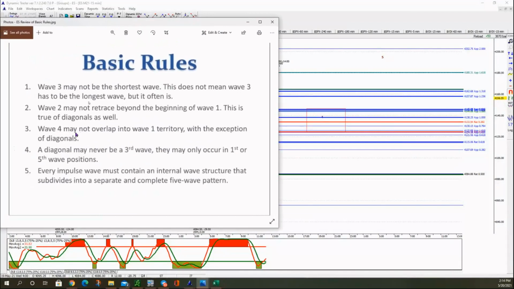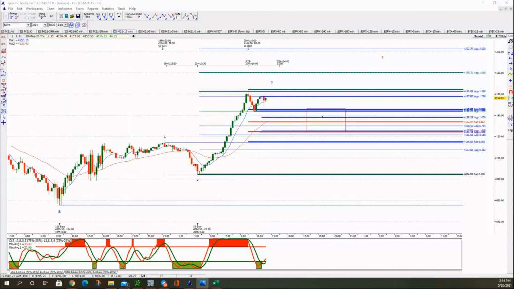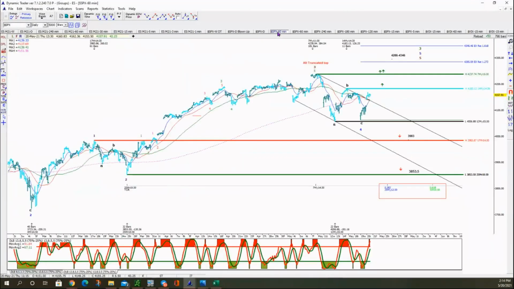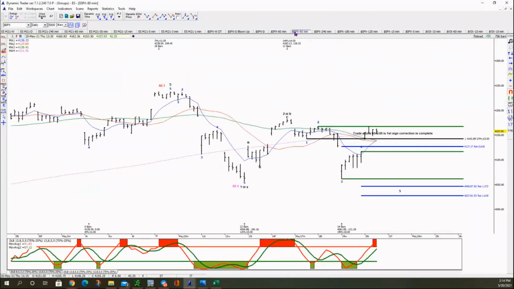Okay. Wave 4 may not overlap into wave 1 territory, with the exception of diagonals. And we talked about this morning into this right here. And what we said, I'll move it up, we had 1, 2, 3, a possible wave 4. So what happened here? It's into wave 1.